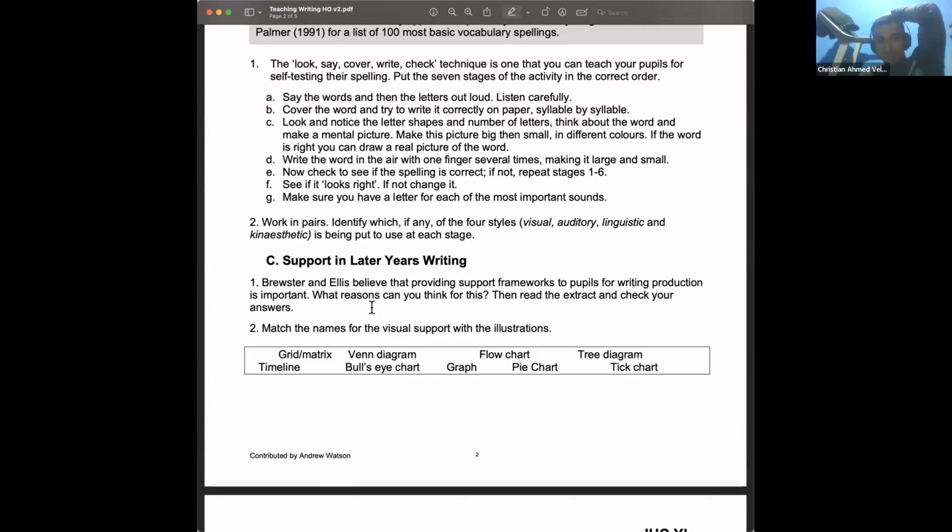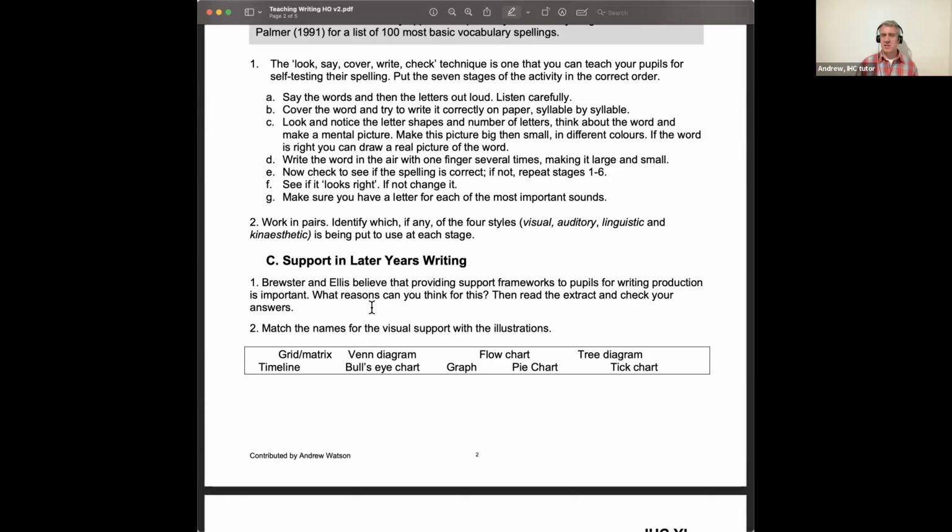Because with the support framework, we can give them ideas to use in the writing. Yeah, that could be it. So giving ideas, stimulating ideas. But why do we give support to students generally?